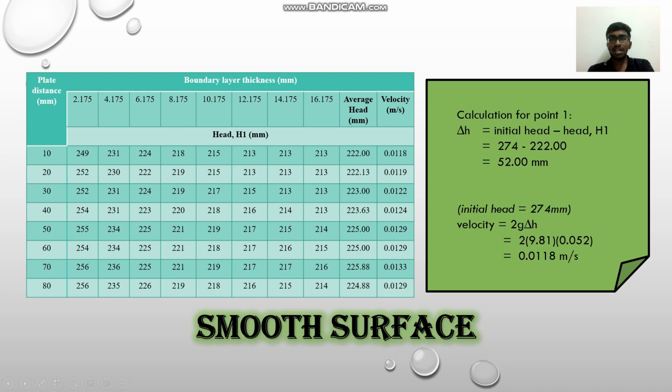For the velocity, we will use this formula, which is the square root of 2 times gravity times delta h, the difference in height. The difference in height is calculated by subtracting the initial height from the height that we find here, and we get the value of 52 mm. Then we substitute this value in meters to get the velocity.